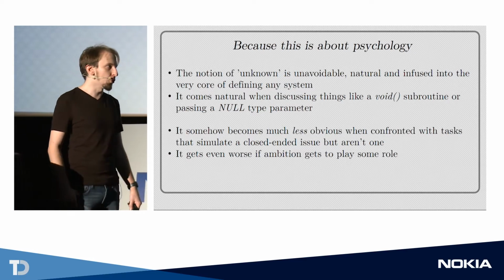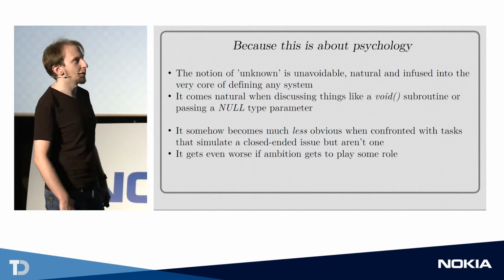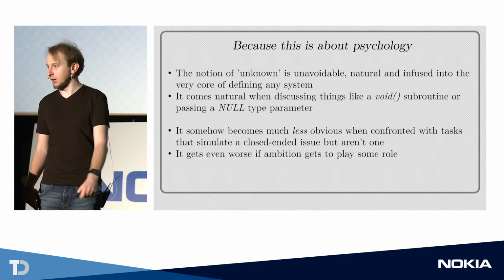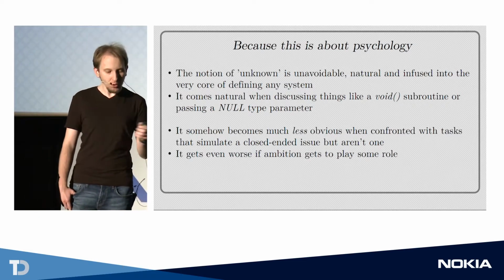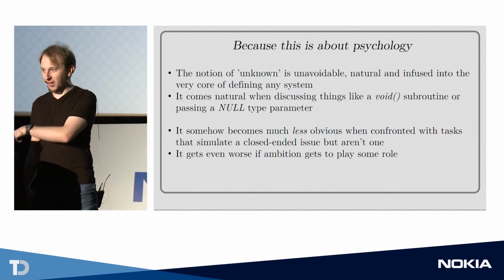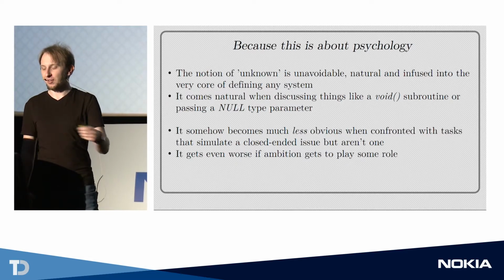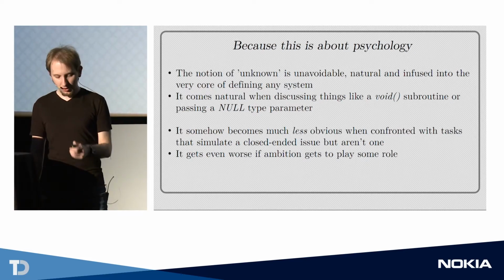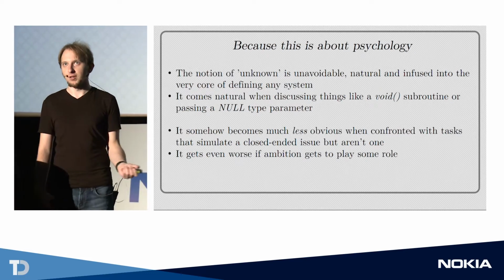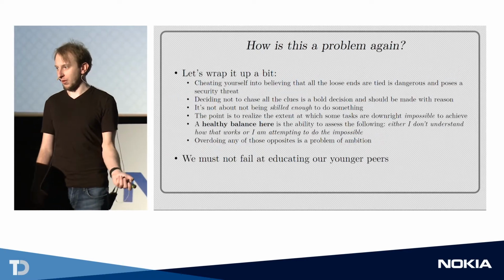We have things like pointer to void, which is something that just keeps breaking my mind. We deal with that, we understand that notion. But if we put the notion of unknown things and try to add some ambition into it, well, it becomes much less obvious that it's natural not to know something.